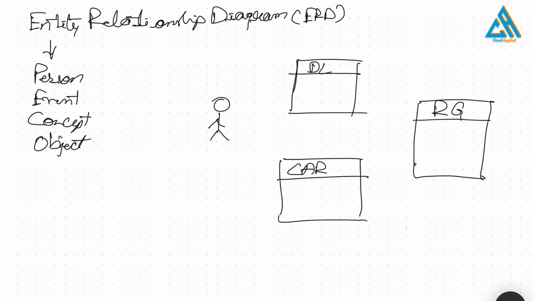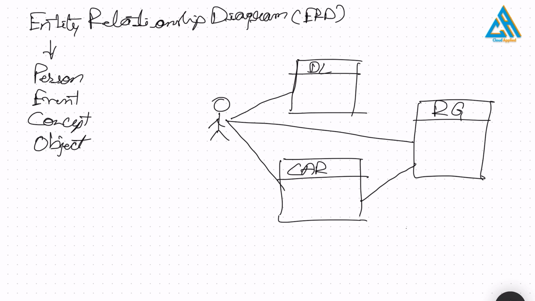Okay. The user is connected to driving license and a car and a registration. And car is connected to a registration. Let's take this example. So this shows how all these entities are related together.